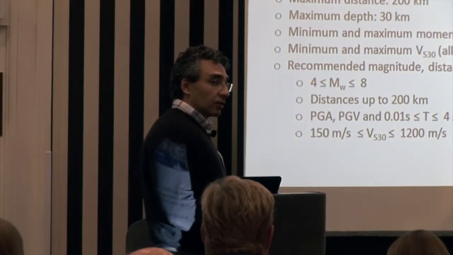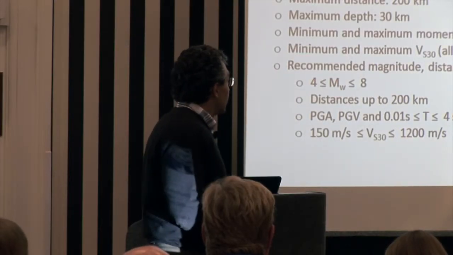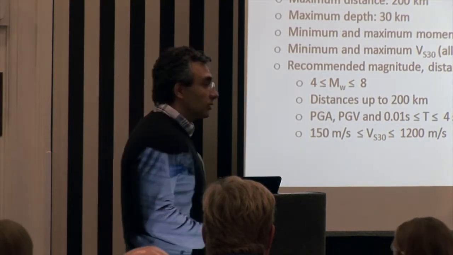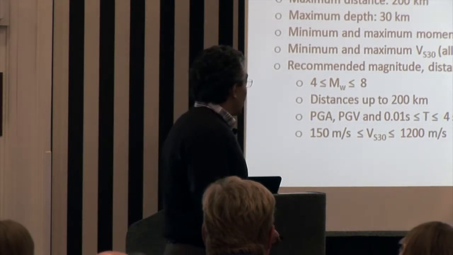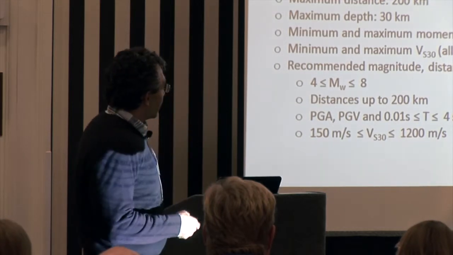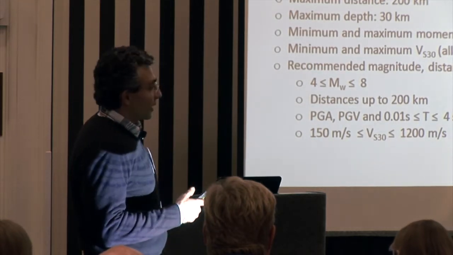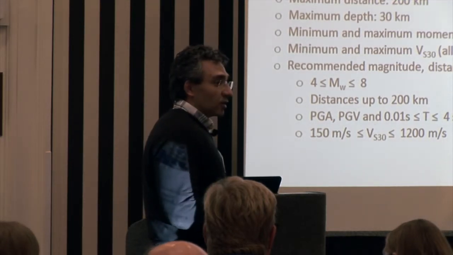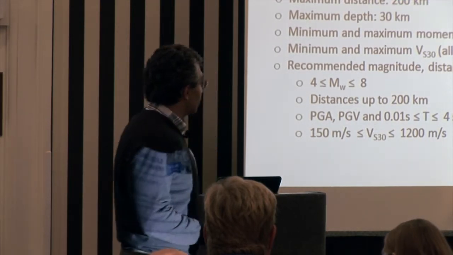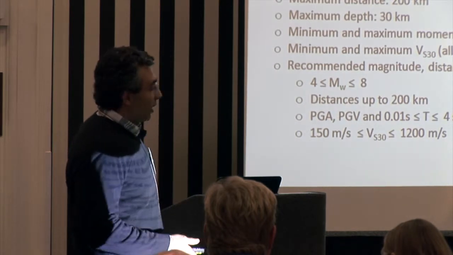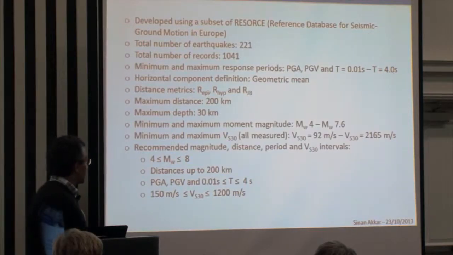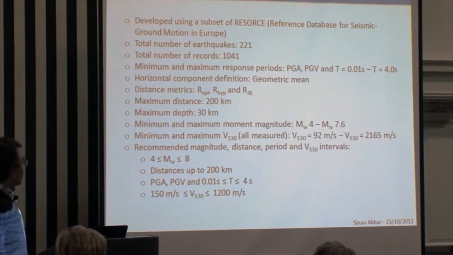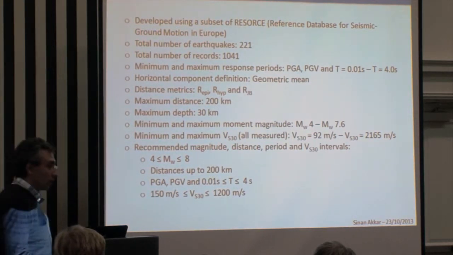Based on a previous study by Julian Bommer and myself, we developed 3 models, and they use different distance metrics: Rrup, hypocentral distance, and Joyner and Boore. The first 2 are point source distance measures, and the last one represents the extended source distance metric.